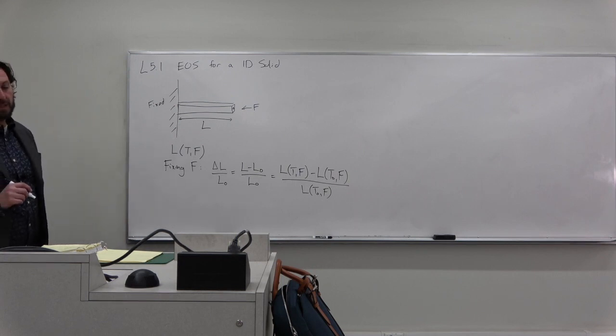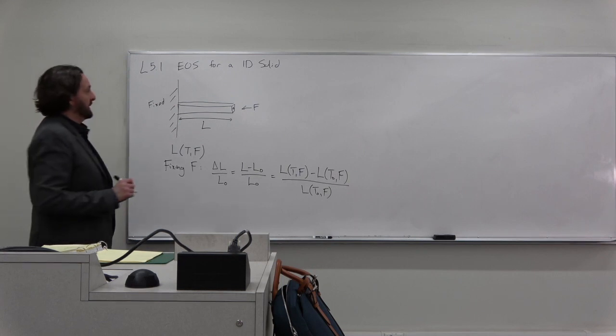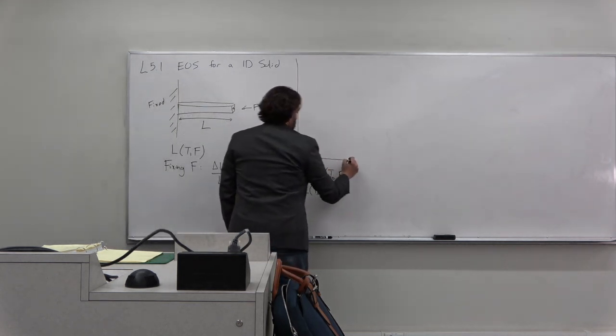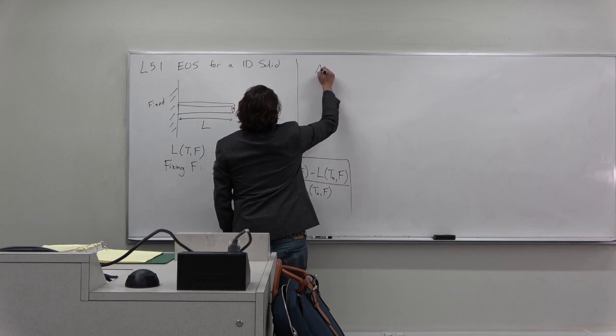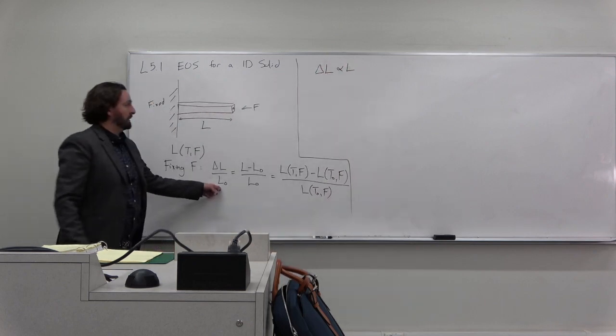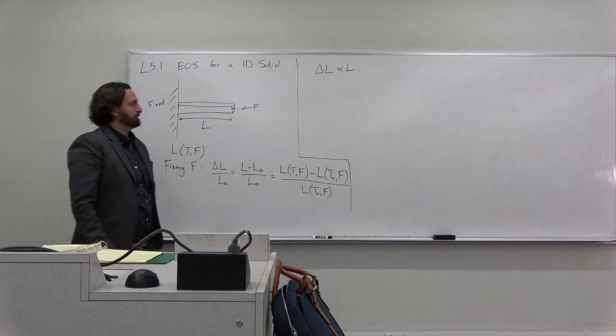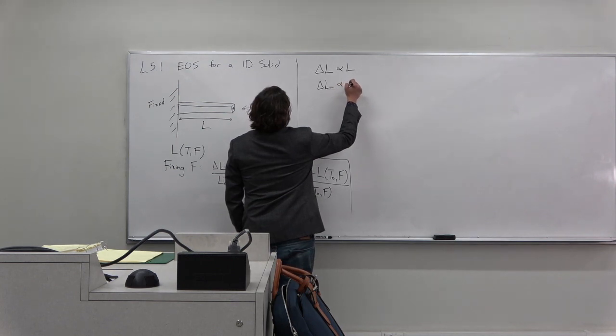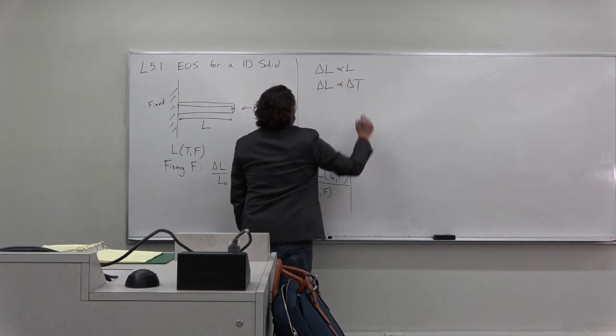So the first way to think about this is really just noticing now that the length change, delta L, is going to be proportional to L. That's what we said there. But the change in L is also going to be proportional to the change in temperature.